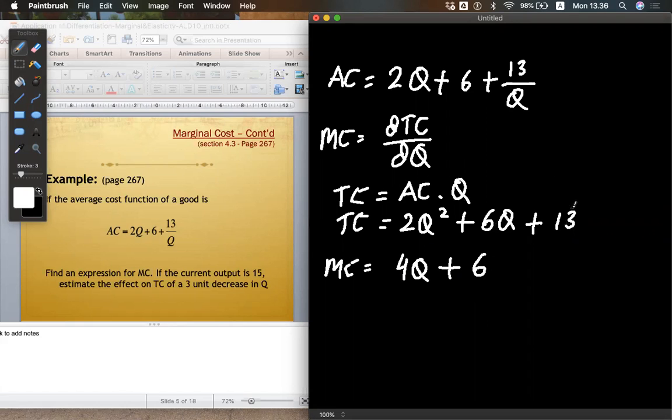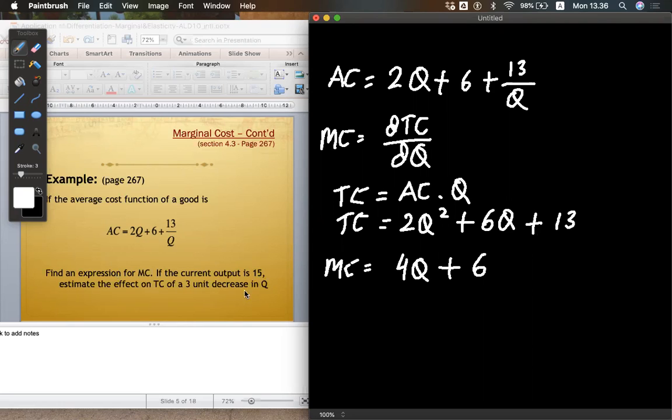And then 13, a constant: if we differentiate it, it becomes 0, so we don't need to write the 0 result. Then this is the expression of MC.